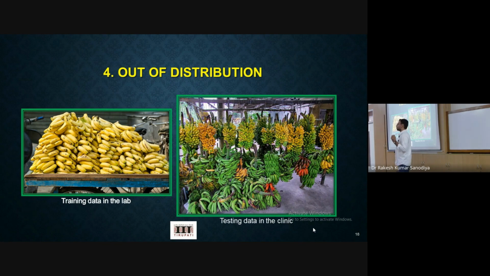What do you expect your algorithm to do? What would be a sensible reaction? Now you train the whole thing on these yellow bananas of the same shape. At testing time, all of these different things are coming. What should the algorithm do?